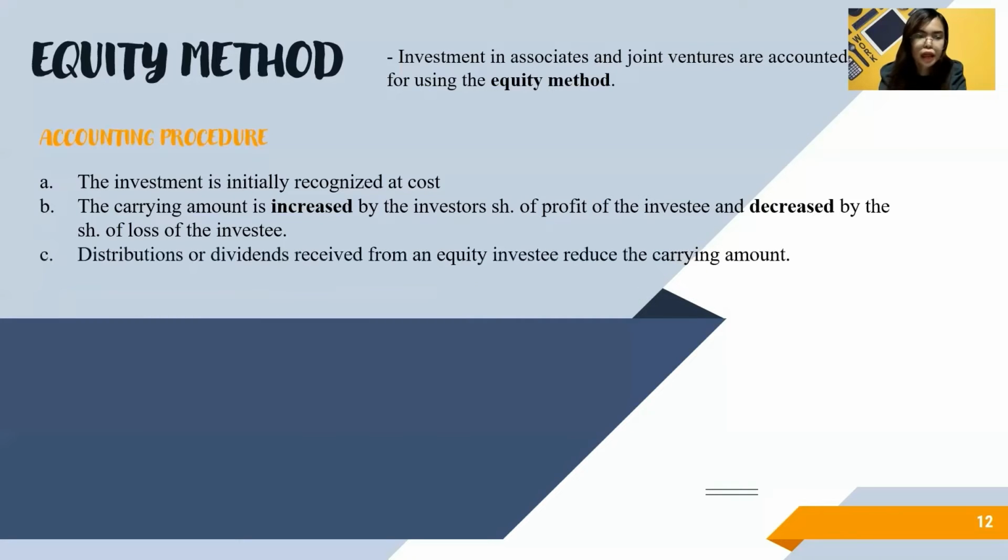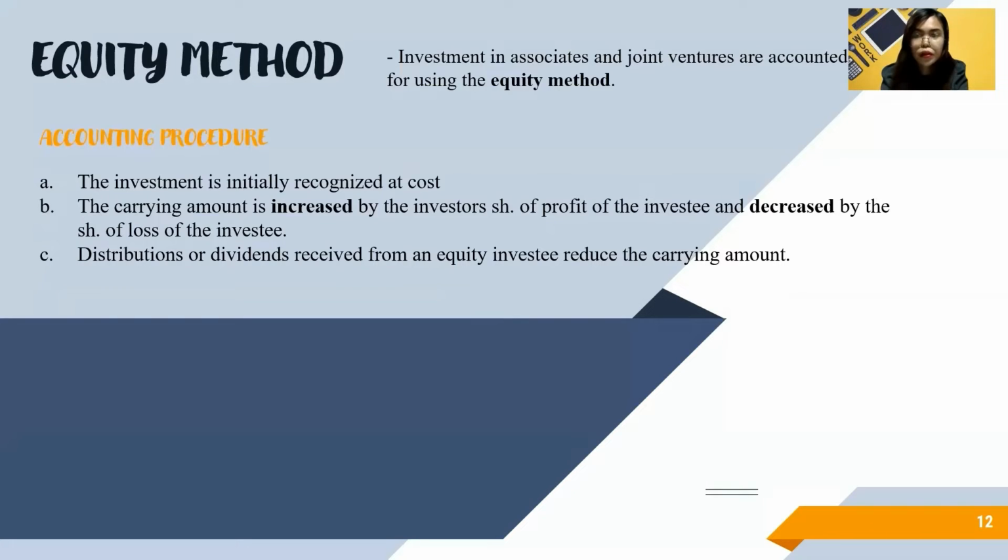So, letter C, distribution or dividend received from an equity investee reduce the carrying amount. Ibig sabihin pala, kapag si investee or si associate mo is nag-declare ng dividend sa'yo, ibig sabihin, makaka-receive ka. Pero hindi mo yun i-treat as dividend income. Ang magiging treatment mo sa kanya ay return of investment.